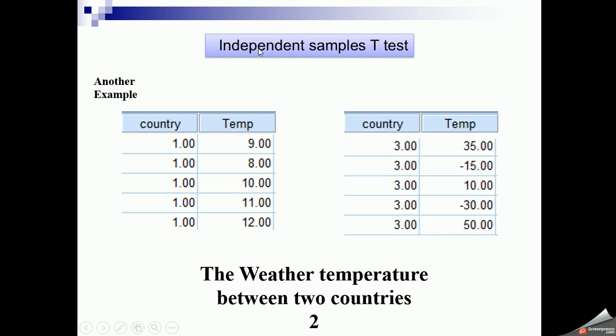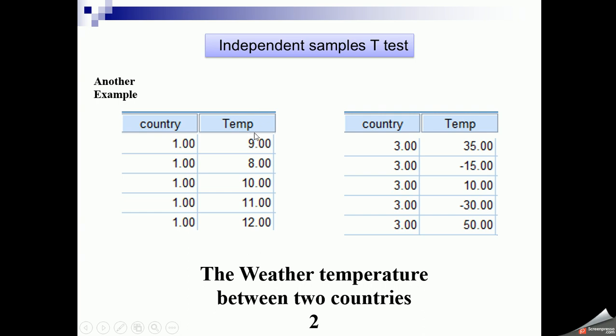Therefore, this independent samples t-test does not only check the means, not only calculate the means. No, it also checks for the variances between the two samples. So it also checks for the variances.